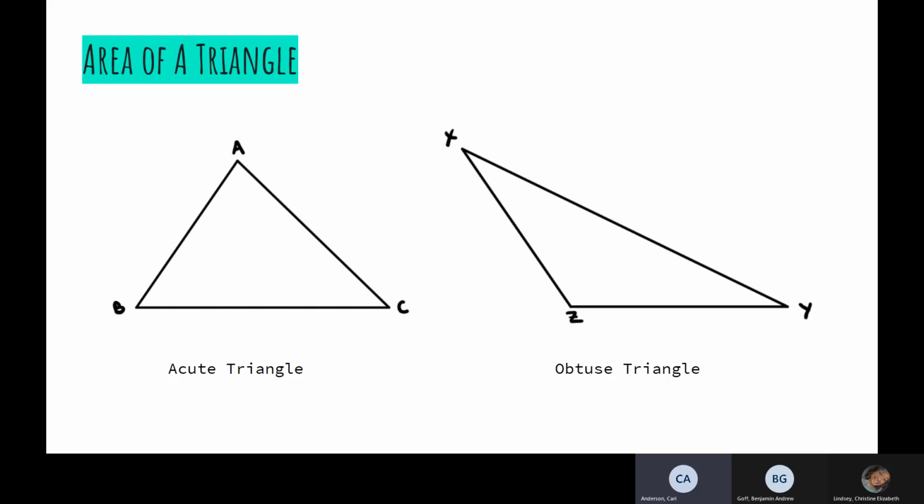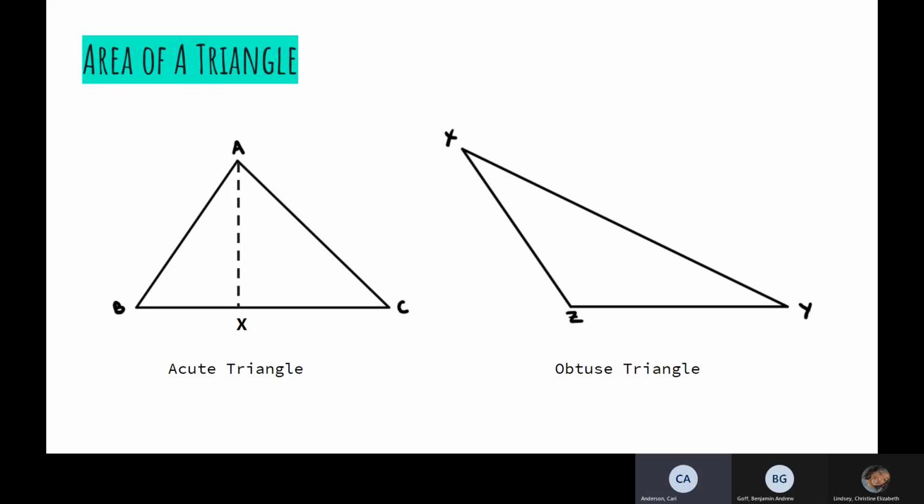Besides a right triangle, we will also have to consider 2 other cases. The first is an acute triangle. Given an acute triangle, draw one of its altitudes and let it connect with BC at point X. This creates 2 right triangles, ABX and ACX. Since we already know the equation for the area of a right triangle, we will use this to solve.